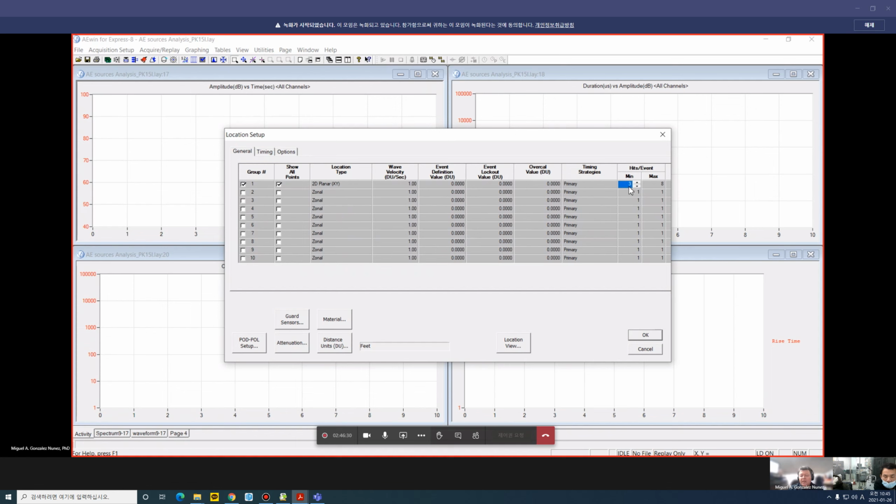You can modify this number of sensors. The default for planar location is that the system is going to consider one event when 3 sensors detect the same signal.